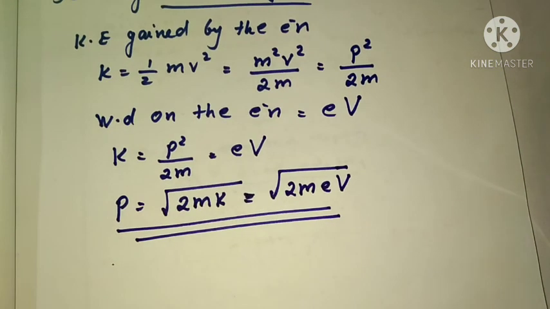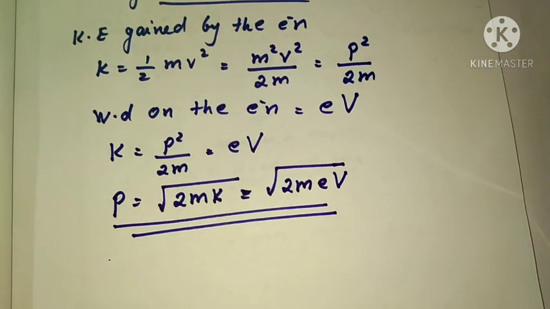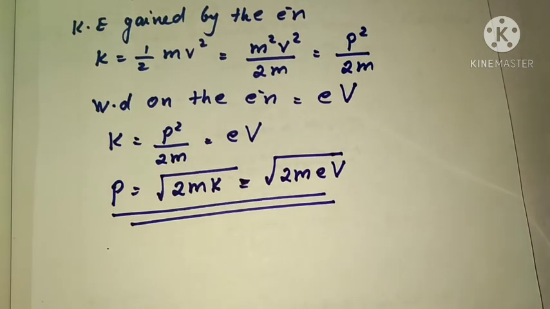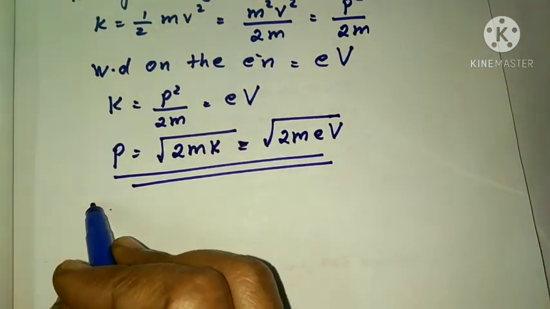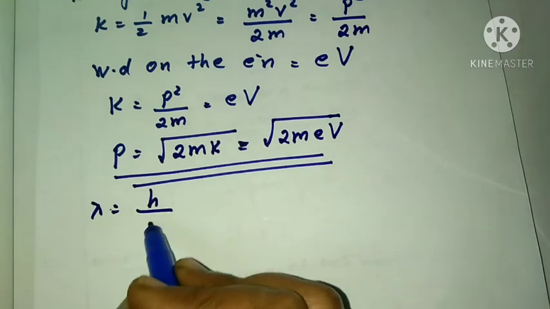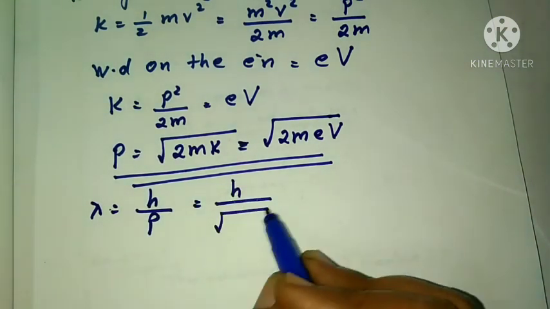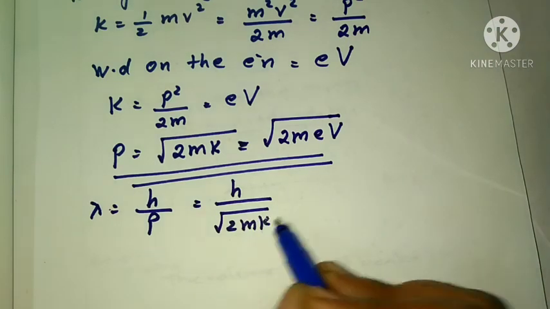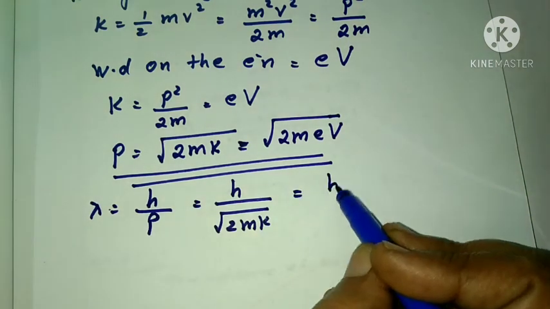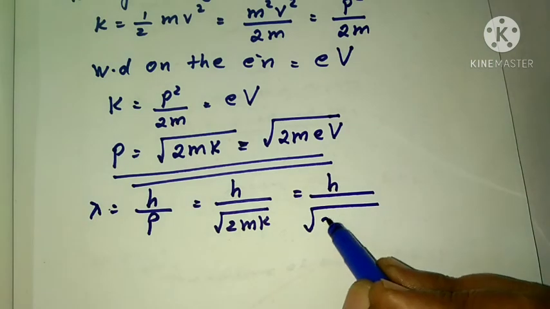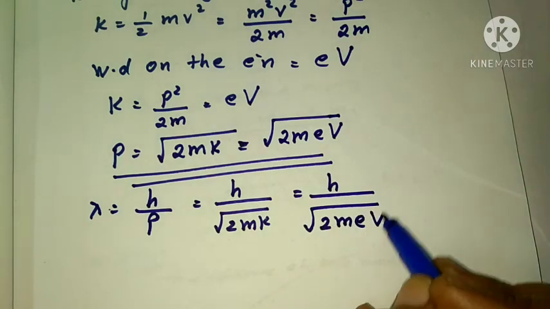Then what is the de Broglie wavelength of an electron? You studied that. That is lambda equal to h by p. So what is the p here? That is h divided by root of 2mK, that is equal to h divided by root of 2meV.